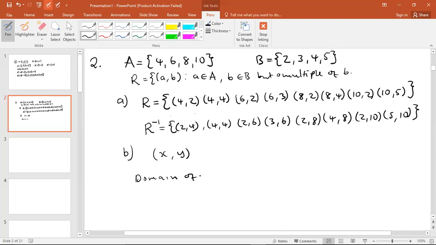Domain of Hara are the x coordinates in these pairs. So these are paired as x comma y, x comma y. But we are only interested in the x coordinates because we are looking at the domain. Domain is x coordinates, range is y coordinates. So the domain of Hara is, so we'll start here.